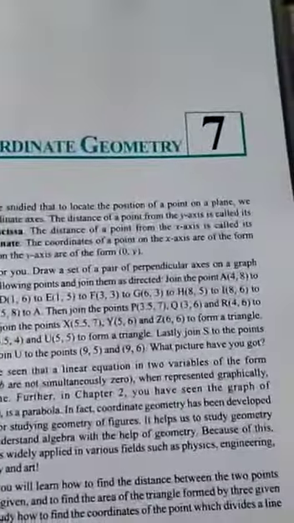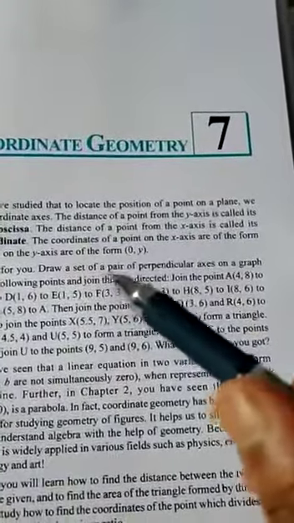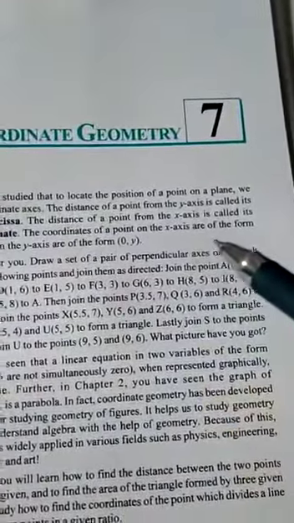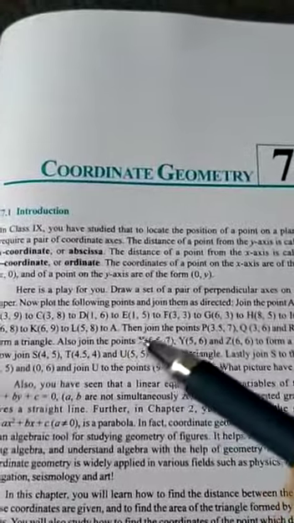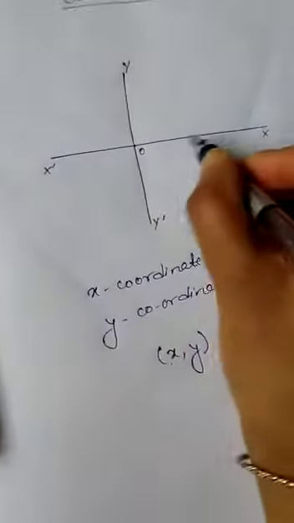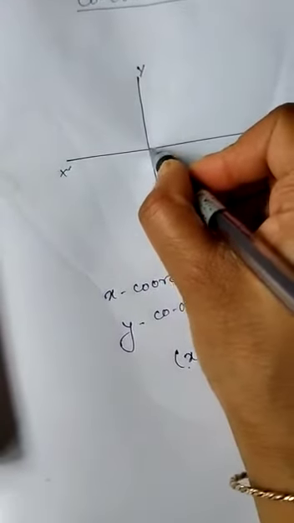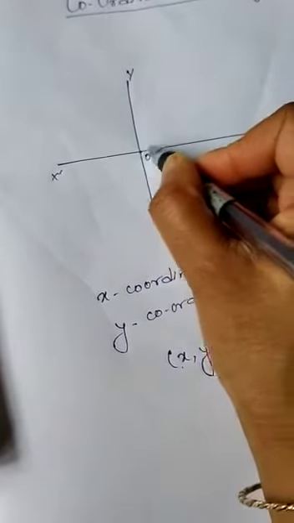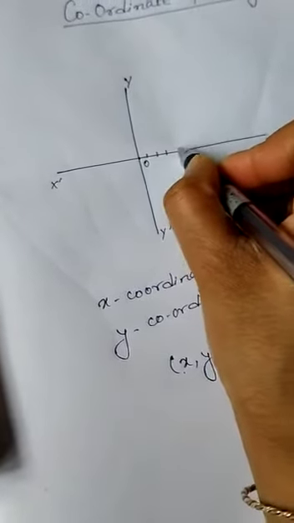So it is written in the book: the coordinates of a point on the x-axis are of the form (x, 0). That means any point that lies on this axis, like 1, 2, 3, 4, 5.